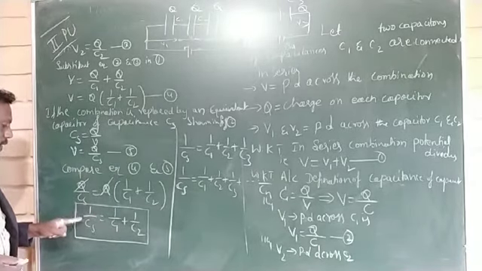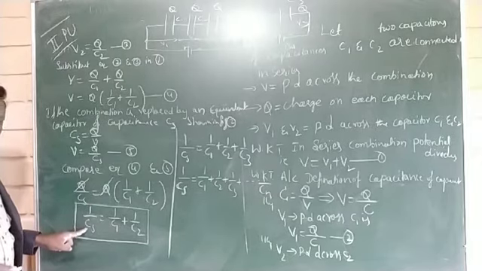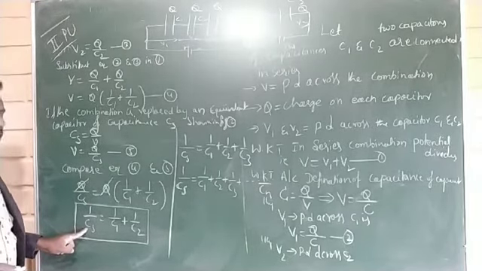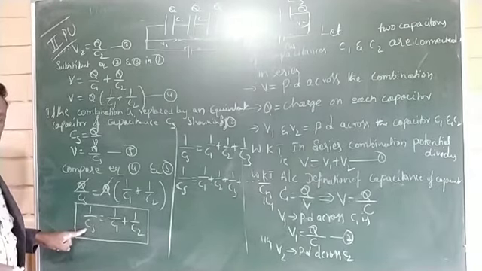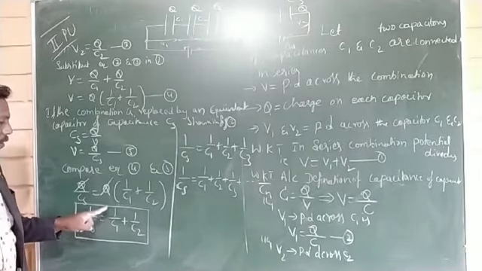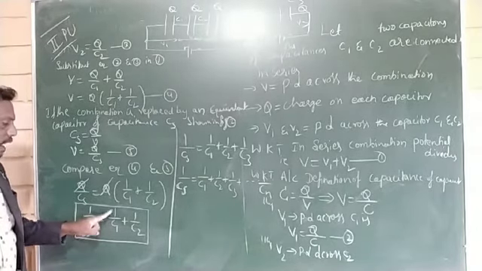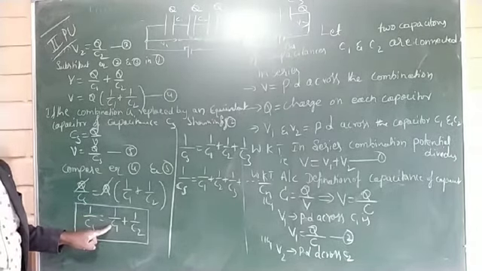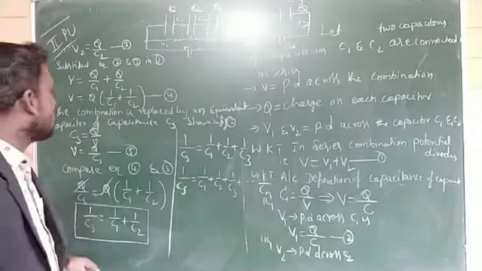The reciprocal of equivalent capacitance in series combination is equal to the sum of reciprocals of individual capacitances.